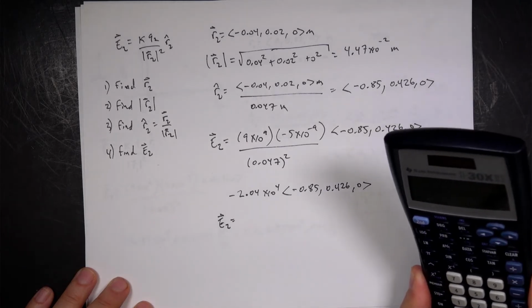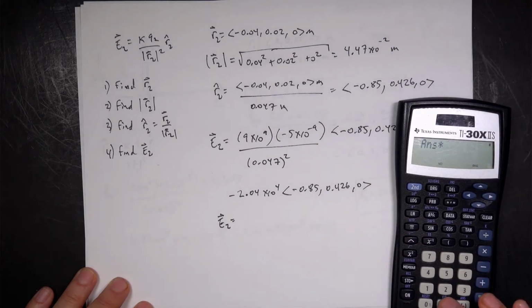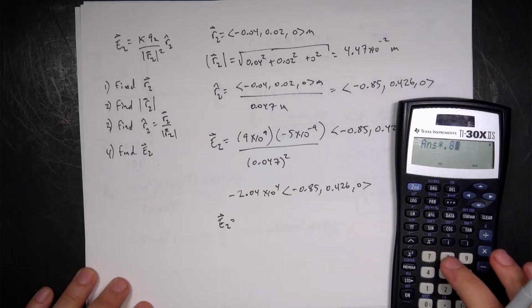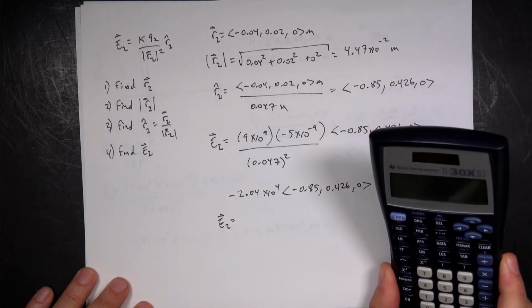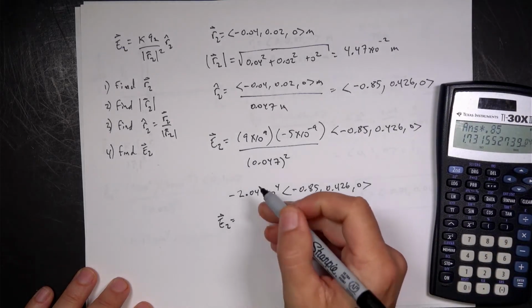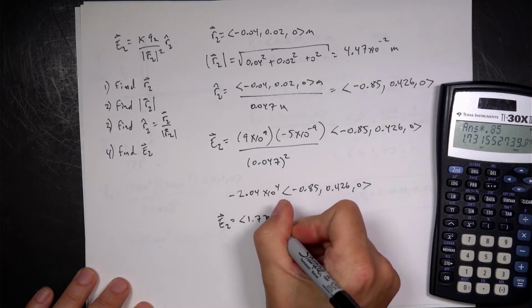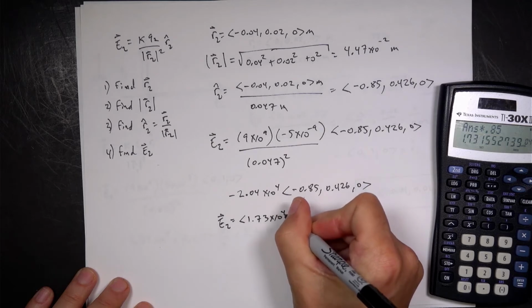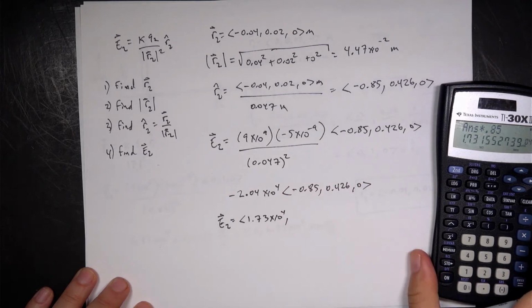So I'm going to multiply that. I already have that number in there. So I can say times 0.85, and I get 1.73 times 10 to the 4th. And then I'm going to multiply that by 0.426.